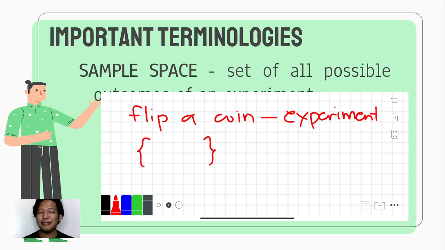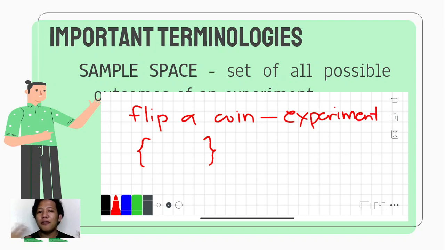Sa sample space natin, this is actually somehow expressed using the form we use in sets. Okay? So, yung sample space na tinatawag, may mga posibleng outcome na pwede mong makuha when you do that experiment. And our experiment is flipping a coin.